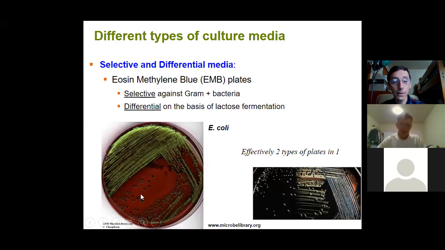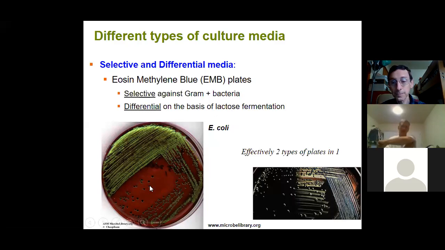The bacteria turn a dark color with eosine methylene blue plates if they ferment the sugar lactose. And what's happening is that when the sugar lactose is fermented, it produces acidic products, and there's a pH indicator in this media that turns dark when the pH is acidic.